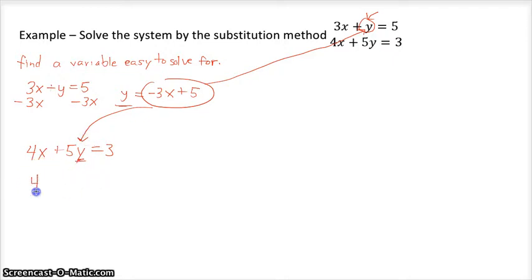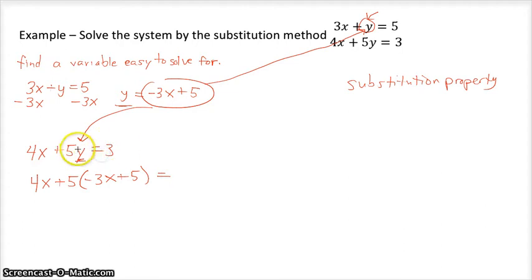So instead of 4x plus 5 times y, I'm going to use a substitution property that says I can substitute something in if I know what it's equal to. So I'm going to replace y with this whole thing, and that's going to equal 3.